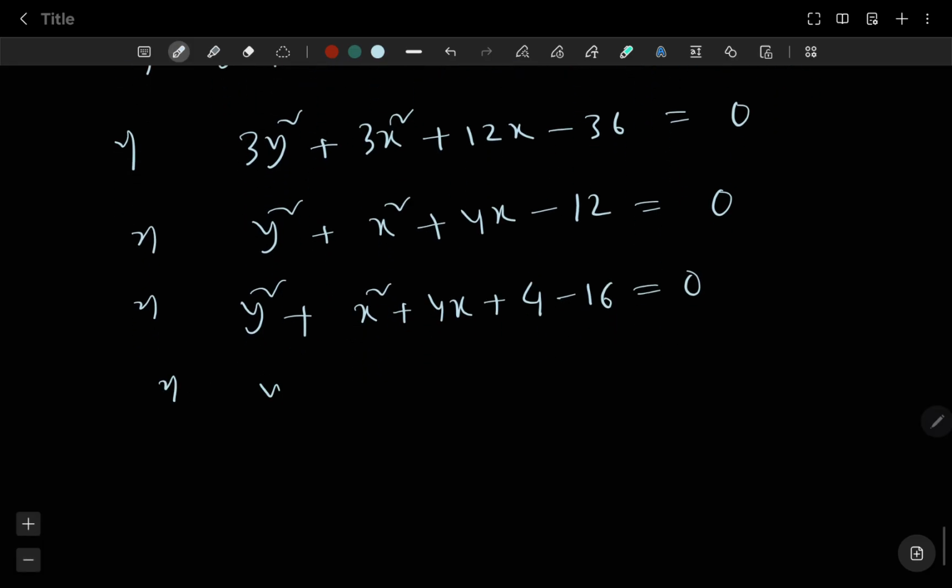So it is y square plus x plus 2 whole square is 16.